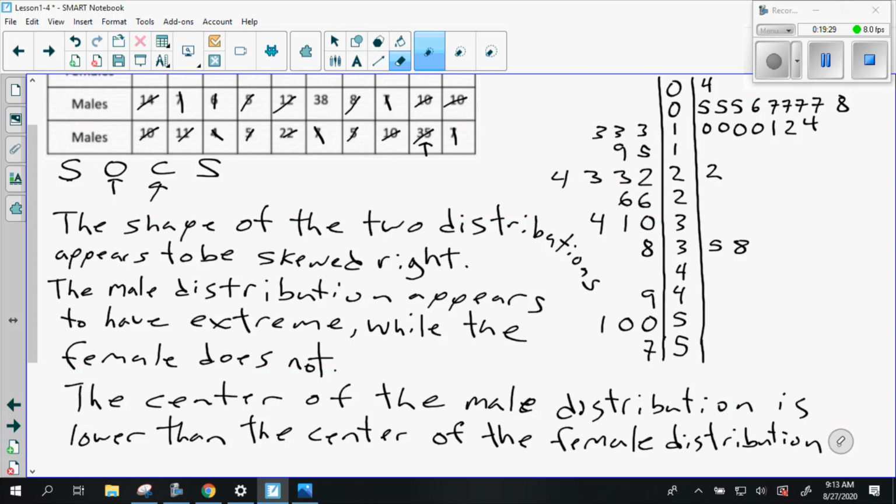These extreme values are causing a variability for the male distribution, and then if you look at the female distribution, it's fairly spread out. A range from 13 to 57 seems very, very large. Okay, so we're going to say that both distributions have a high amount of variability.